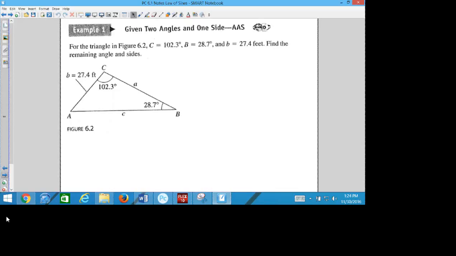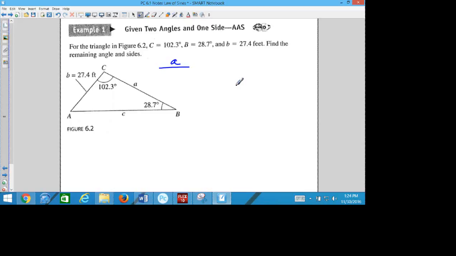Let's set it up. We're going to start with lowercase a. Do we know the value of lowercase a? No. So we'll do a over, do we know uppercase A, the angle? Yes. Where is it?